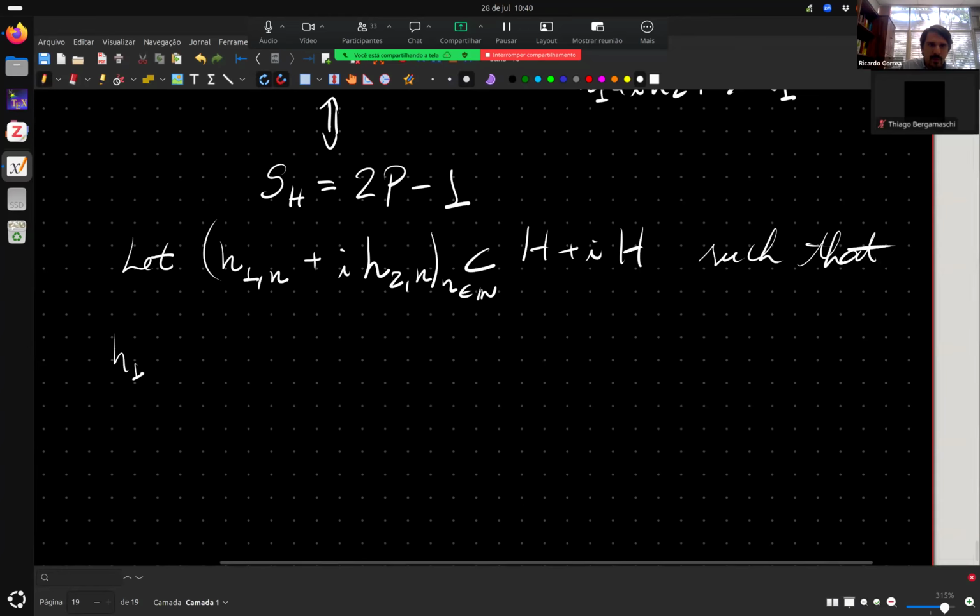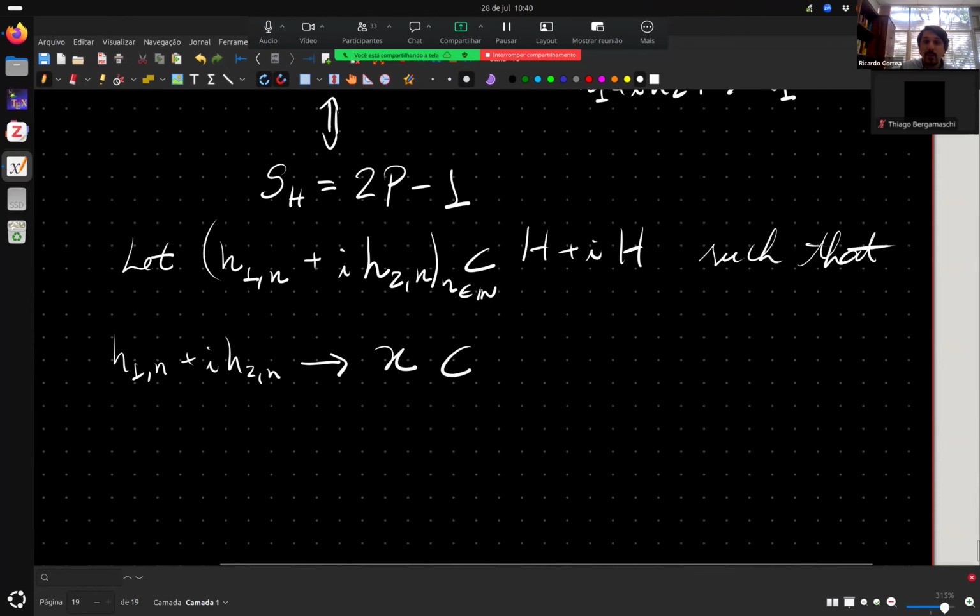So h1n plus i h2n converges to some vector x, which is in the Hilbert space.